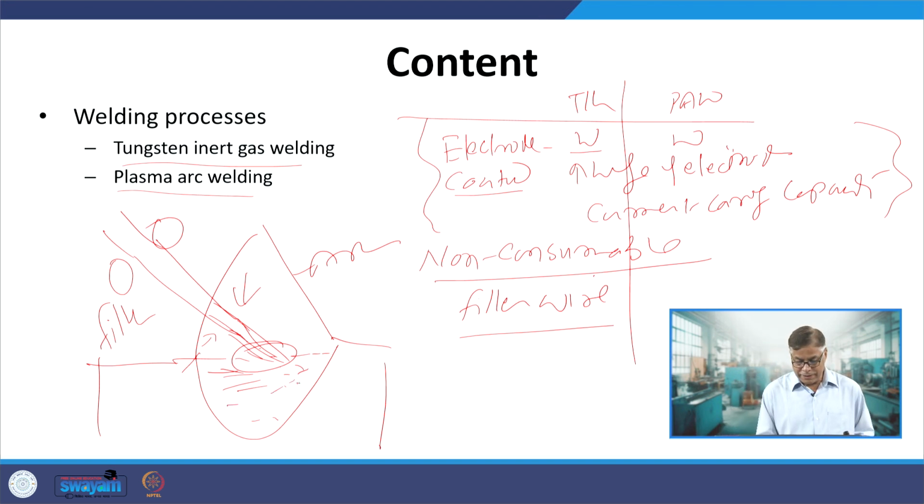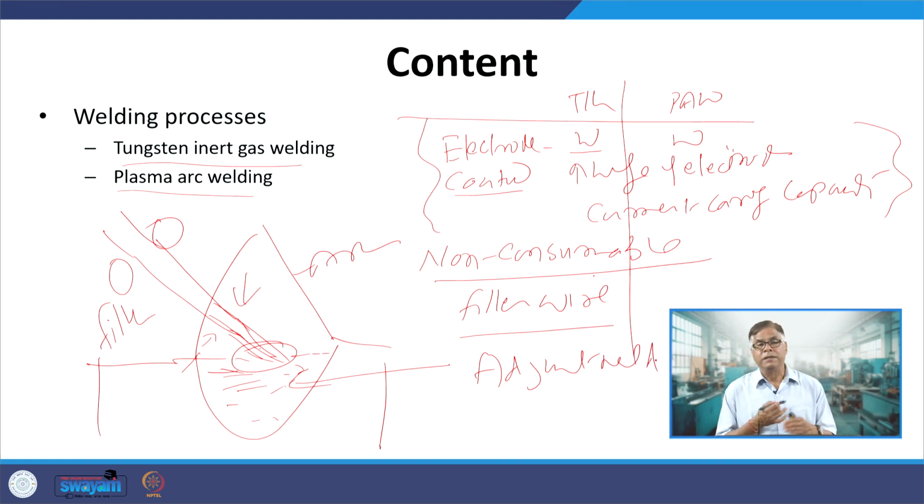As I said, there can be two purposes. One is to adjust the weld metal composition suitably so that we get the desired structure and properties, and the solidification temperature range is enhanced, so the cracking tendency is avoided. So that is one purpose: to realize the desired set of properties and avoid the cracking tendency.